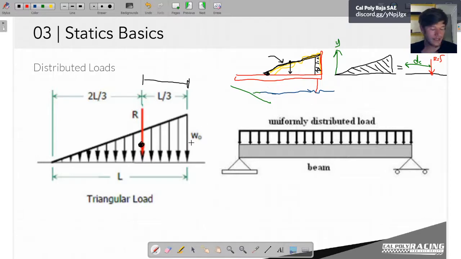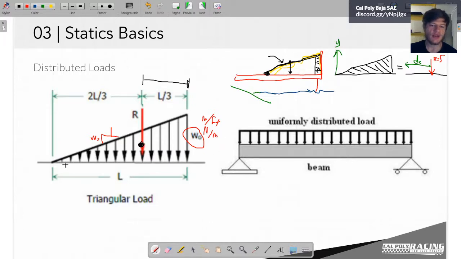When you see something in a schematic like this, if you see this W0, it's usually telling you the slope of this line. So W0 would be the rise and the run is 1. W0 would be in units of pounds per foot, or newtons per meter.